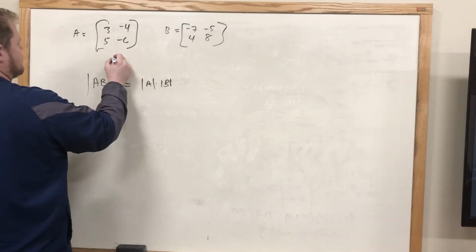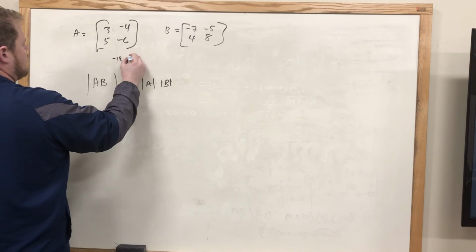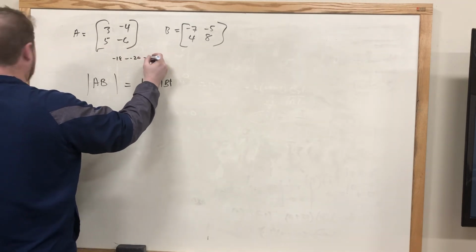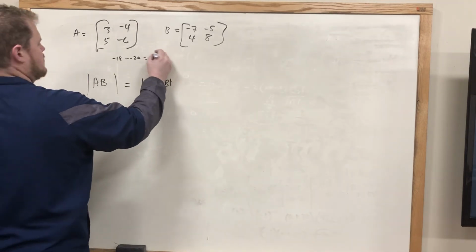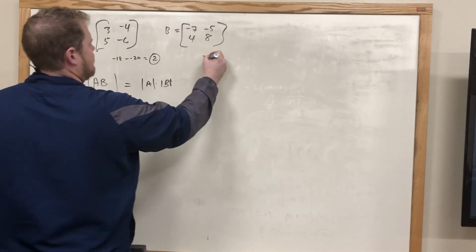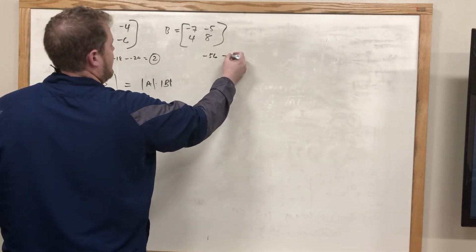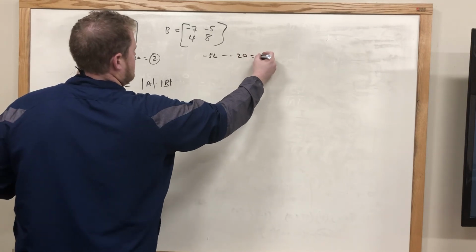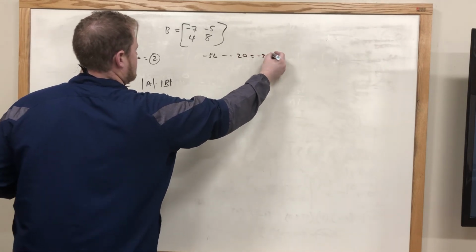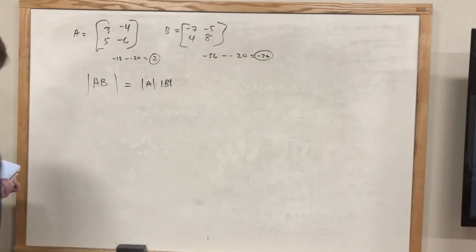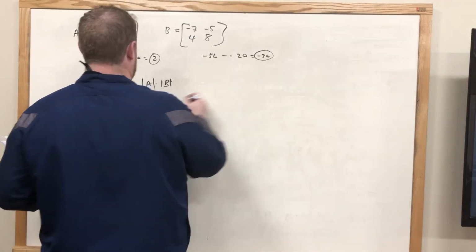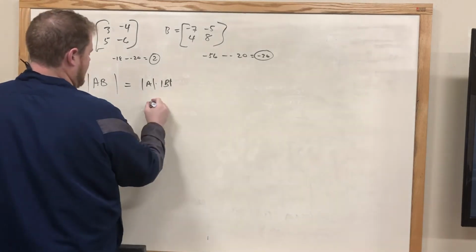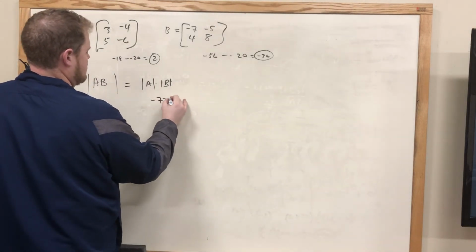What's our determinant for this one? Negative 18 minus 20. Okay? So that's going to give me negative 38. And this one's going to be negative 56 minus negative 20, which is negative 36. Okay? So we got our two determinants. If we did A times B, so we multiplied them, we're going to be left with negative 72.